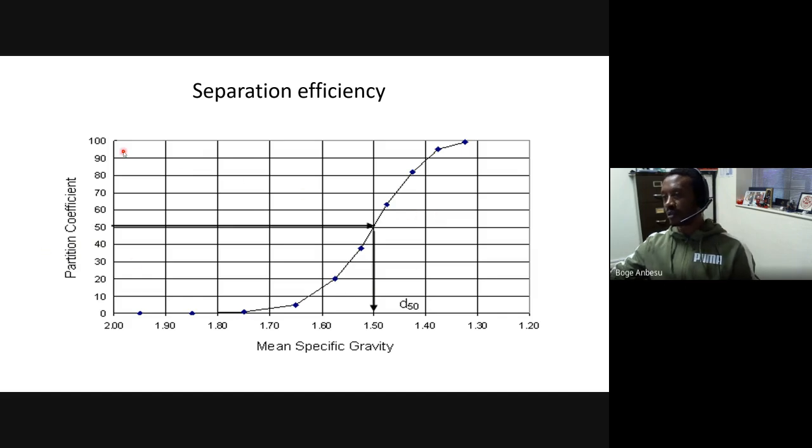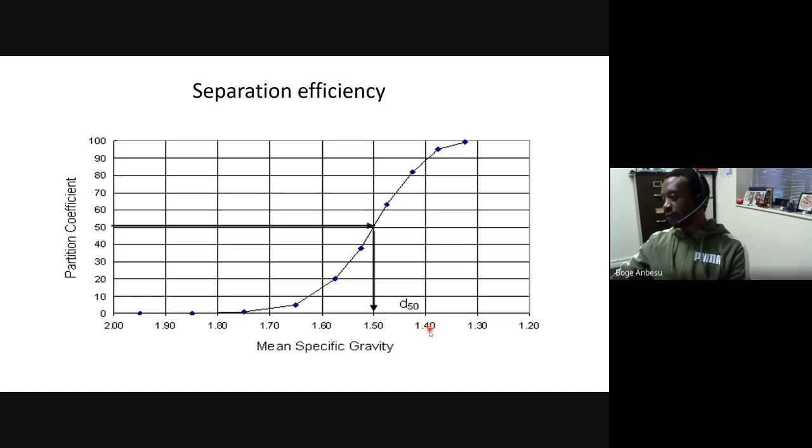So maybe instead of looking like an S, you would have something looking like a Z. But regardless, we can then predict what particles should have gone to the float compared to what I initially had in the float. So if particles are lighter than 1.5, I'd expect all of them to go to the float. Okay, so in this case, this is what it's showing.